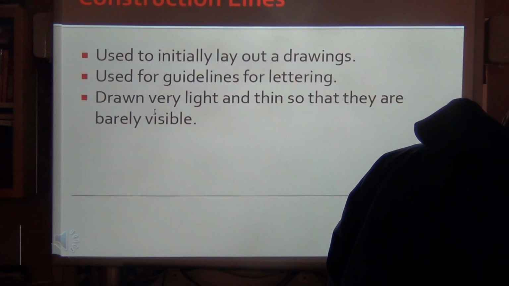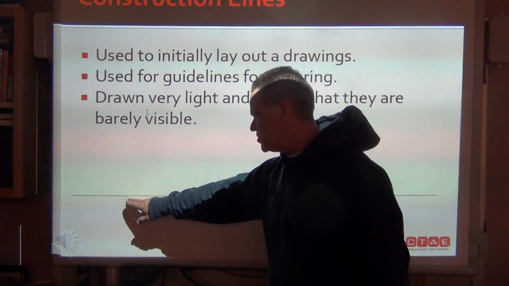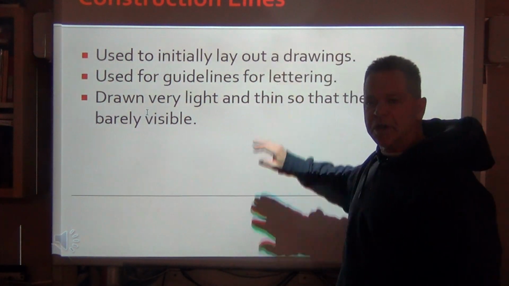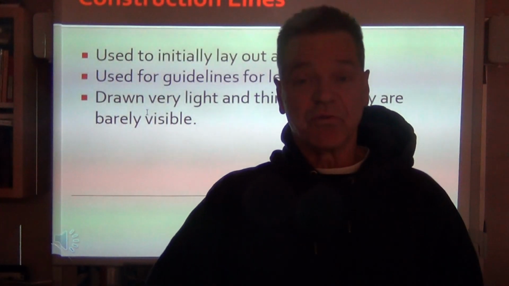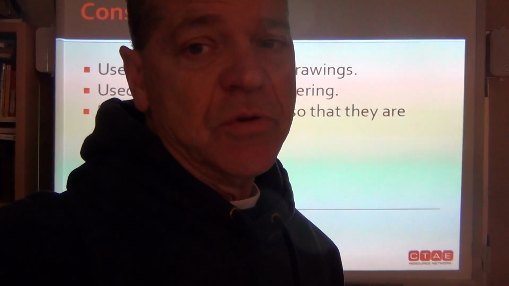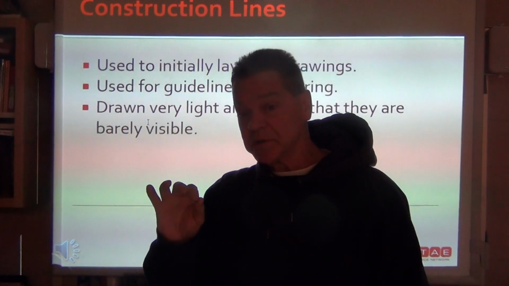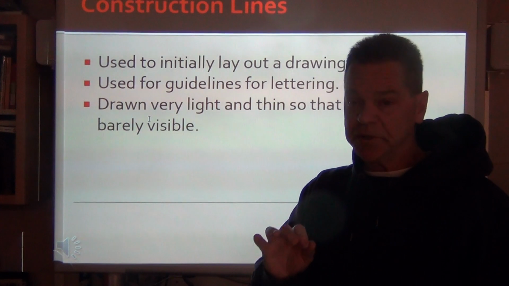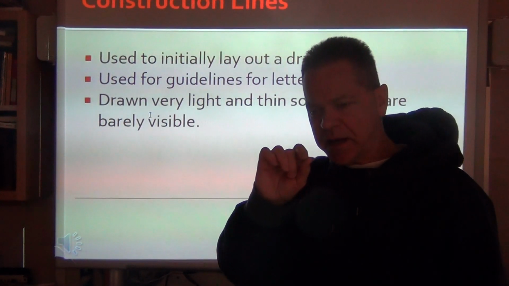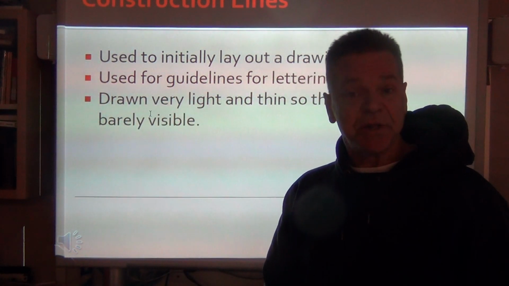Okay, so let's take a quick look here. Construction lines, this is supposed to be a construction line here. A construction line is the lightest line you can possibly create on a piece of paper, period. You want to just barely put any pressure on your pencil, maybe a hard pencil like a 5H or 6H, at least a 4H pencil, to get a tiny thin line, because the idea of a construction line is it's not supposed to be permanent.